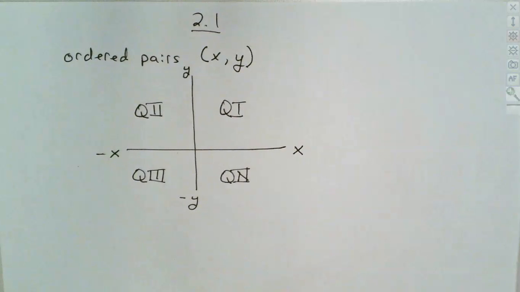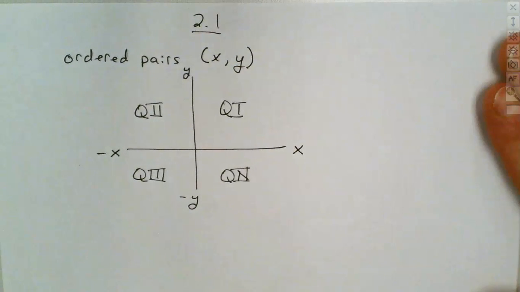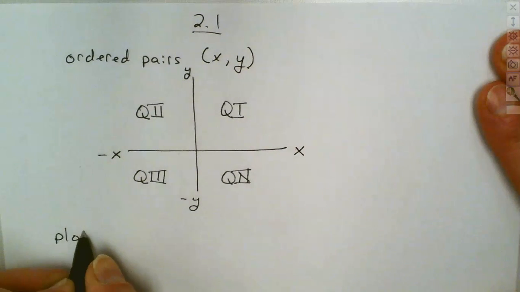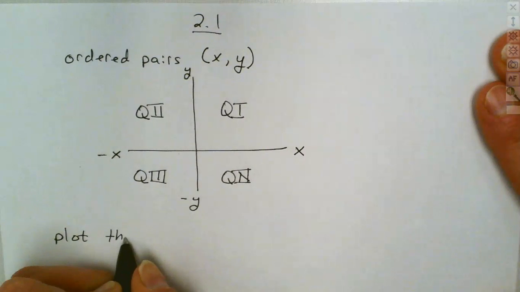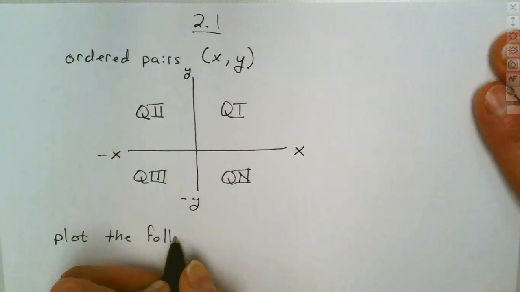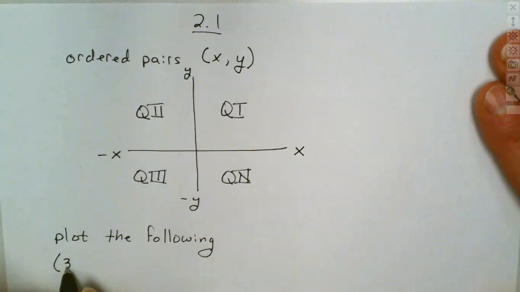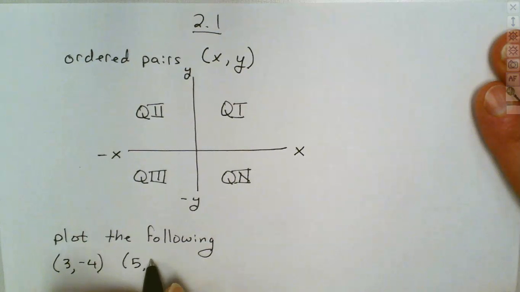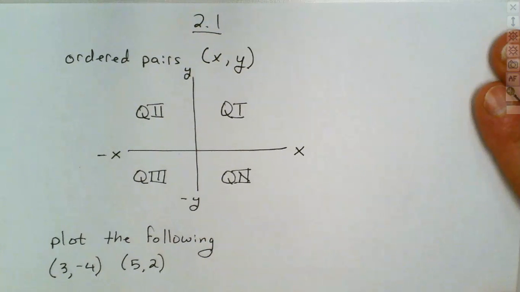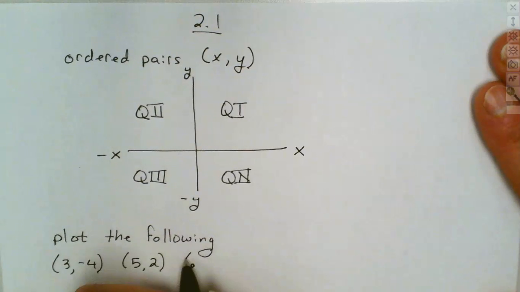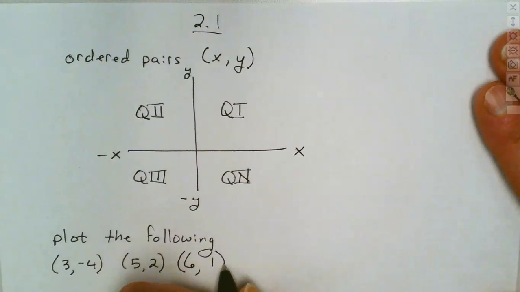So we've got our ordered pairs, and we've got our quadrants. Now let's go ahead and plot some points. So we're going to plot the following: 3, -4, 5, 2, and how about 6, 1?